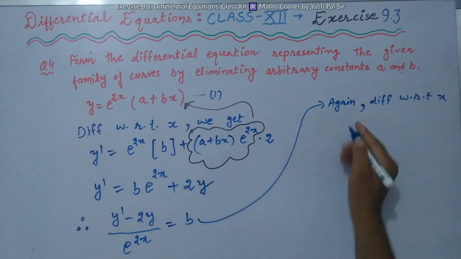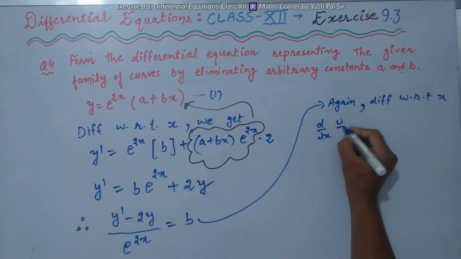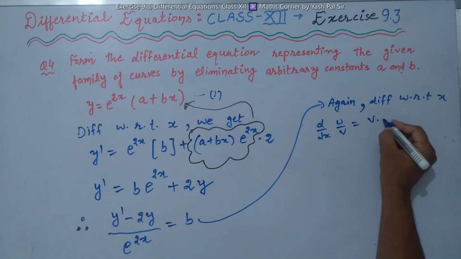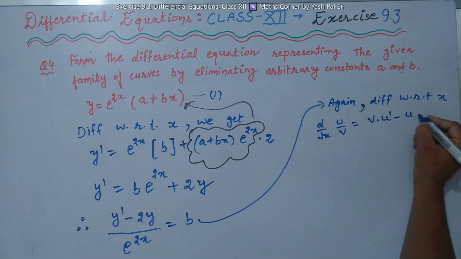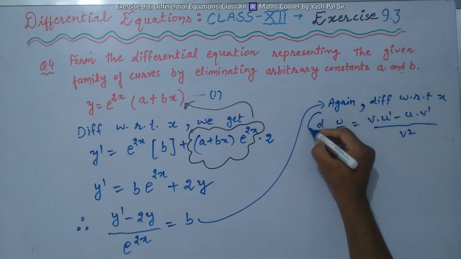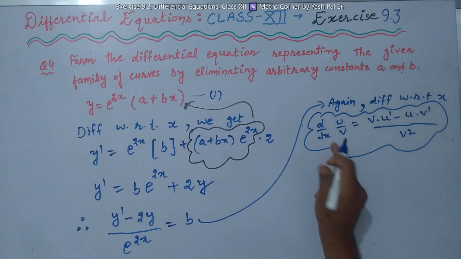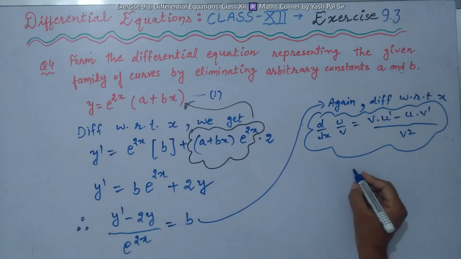We apply the quotient rule. What is the quotient rule? u upon v, v into u dash minus u into v dash upon v square. So this is the quotient rule of the derivative. So we apply this rule here.